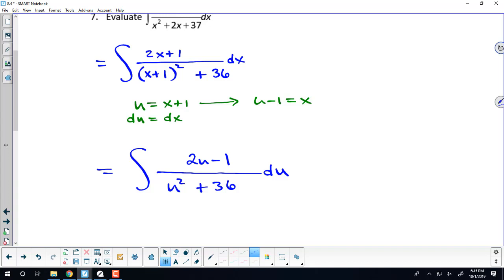Like if it were, yeah, that's the inverse tangent. So maybe you remember that, maybe you don't. How did the top become 2u minus 1? Well, if x is u minus 1, then 2x is 2u minus 2. And then we add 1 to both sides. So we have 2x plus 1.